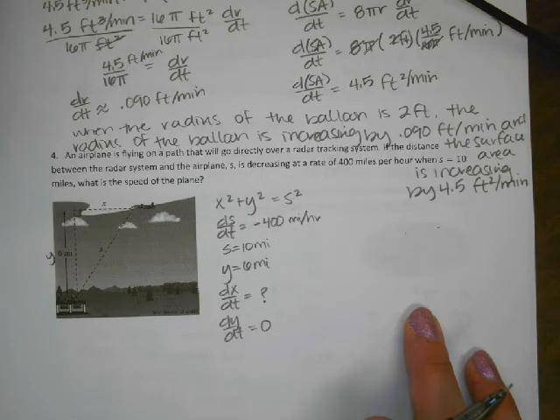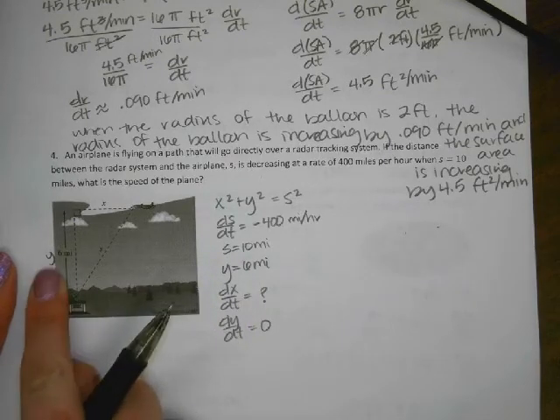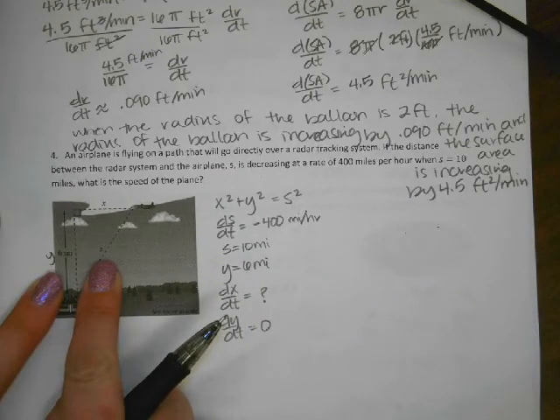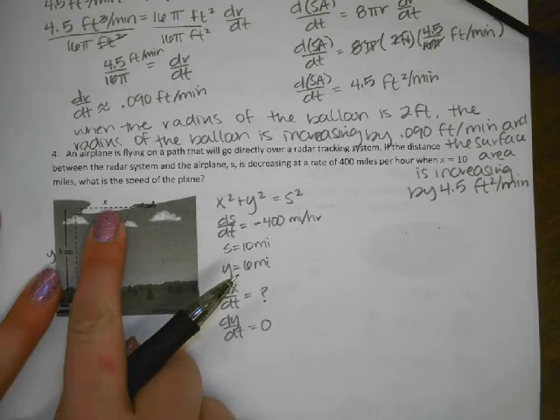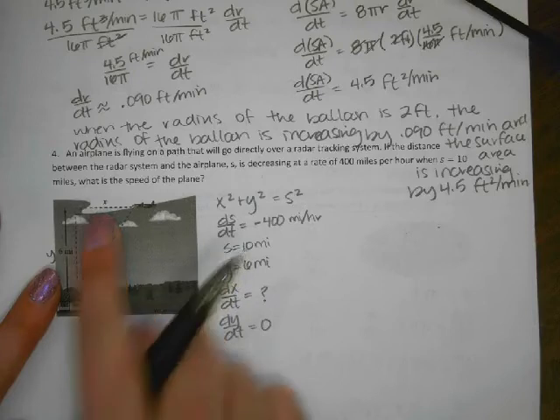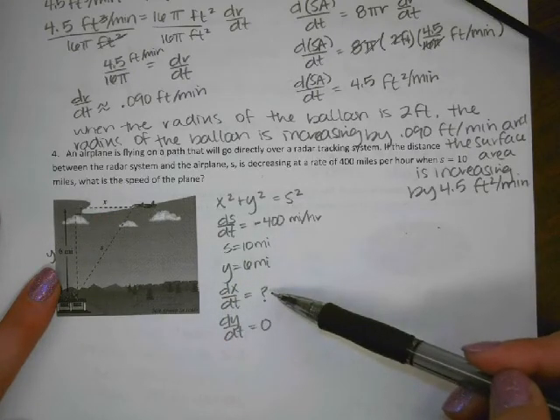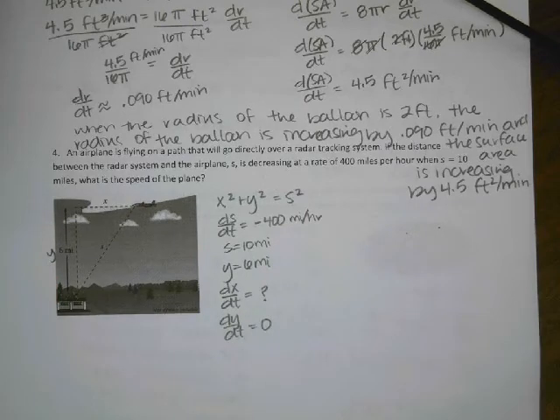And so now we have the s value and the y value at these specific moments in time. We can go ahead and use x squared plus y squared equals s squared to find that x value. So in the problem we have all the numbers except for the question mark, because when you're solving an equation you can only solve for one thing at a time, which means that you must have the information for everything else.